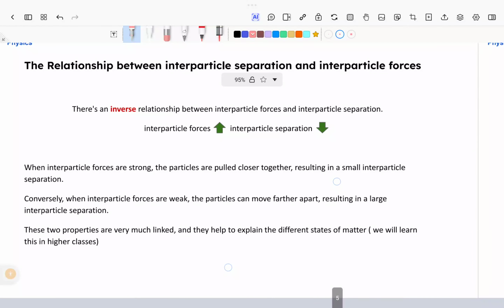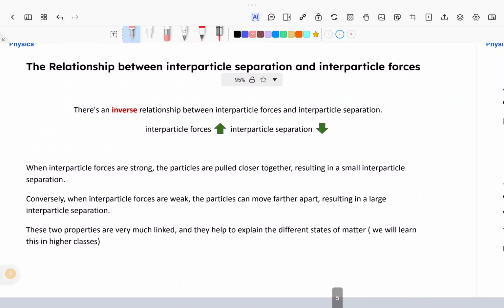Next we'll try to understand the relationship between interparticle separation and interparticle forces. There exists an inverse relationship between the interparticle forces and interparticle separation. So if the interparticle forces go up, the interparticle separation will come down. When the interparticle forces are strong, the particles are pulled close together, resulting in very small interparticle separation as in the case of solids.